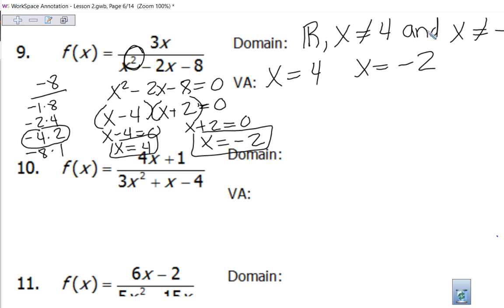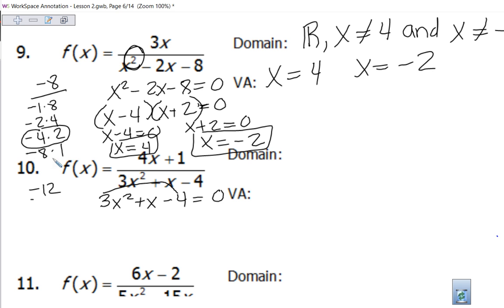How do you find the vertical asymptote? Set the denominator equal to 0. So this would be 3x squared plus x minus 4 equals 0. Now this one is bigger than a 1x squared, so we'll have to use the AC method to multiply the 3 and negative 4. So it's 3 times negative 4, negative 12.